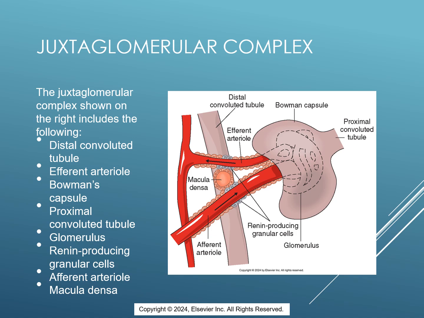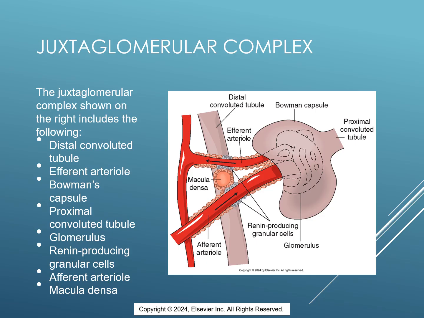Juxtaglomerular complex: specialized cells in the afferent and efferent arterioles and the distal convoluted tubule, DCT, release renin in response to low blood pressure, low volume, and low sodium.